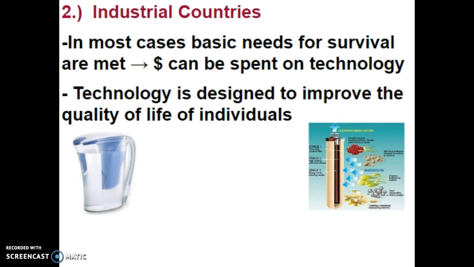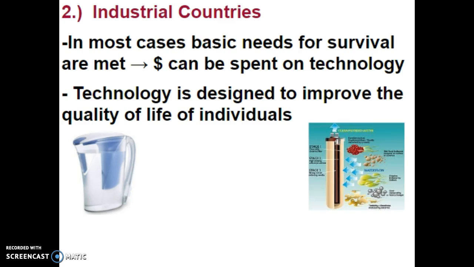Industrial countries, places like the United States and Canada and Europe, in most cases here, basic needs for survival are met. So that extra money can be spent on higher technology. Technology in industrial countries are designed to improve the quality of life of individuals. Now, the tap water that comes out of your sink at home has already been through the wastewater treatment plant and has been cleaned.